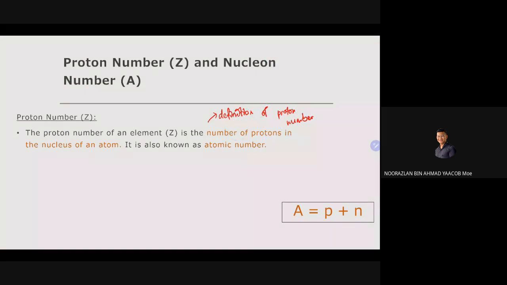Okay, so this is the definition of proton number. Proton number is the number of protons in the nucleus of an atom. It is also known as atomic number. Selain daripada proton number, dia juga dipanggil sebagai atomic number.